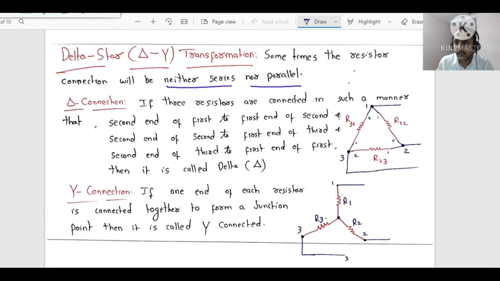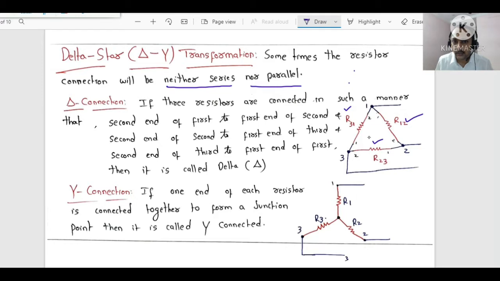Now when we say the resistors are connected in delta manner, how can we say, by looking at the circuit, that the resistors are connected in delta manner? The thing is simple. For example, if you are having three resistors like this, let me name them R12, R23 and R31.